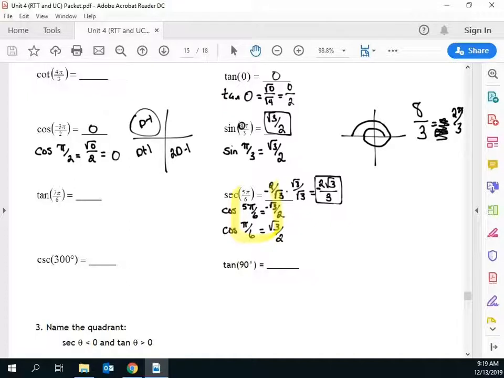Tangent. Let's move on to the next one. Tangent of 7 pi over 6. First step is what, guys? Sweet. You are listening. What is the tangent of pi over 6?